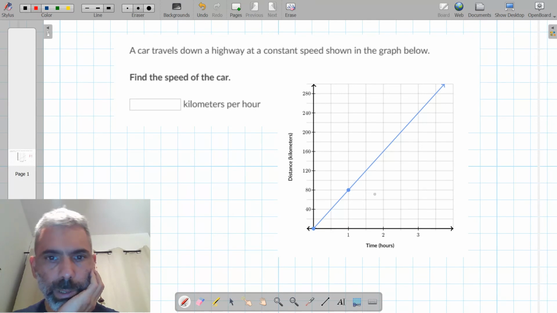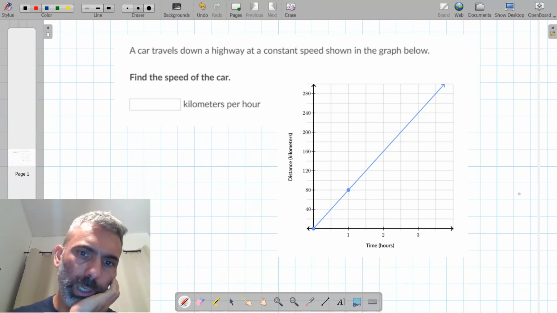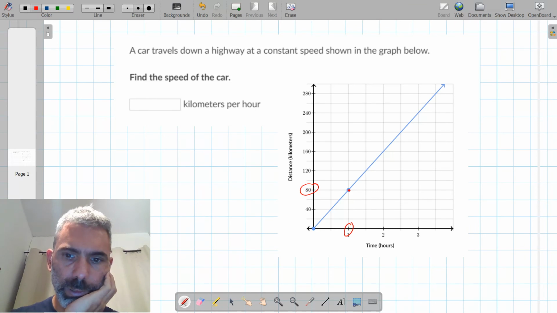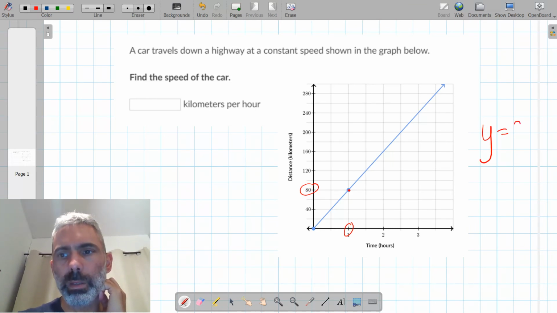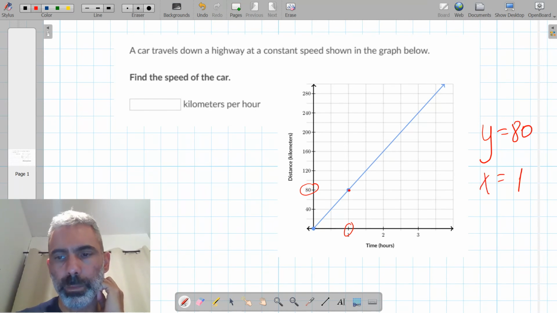Okay, so we see here that it goes 80 kilometers per hour. Okay, because here the point is 80 kilometers. Here it's 1 hour. So the y is 80 and the x is 1.